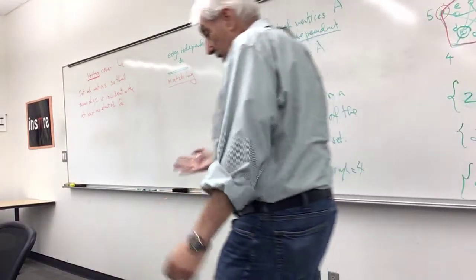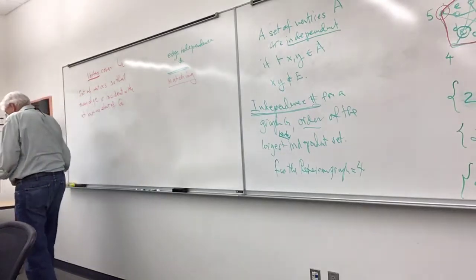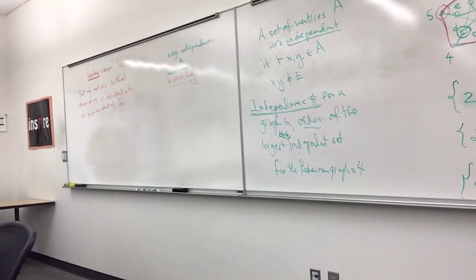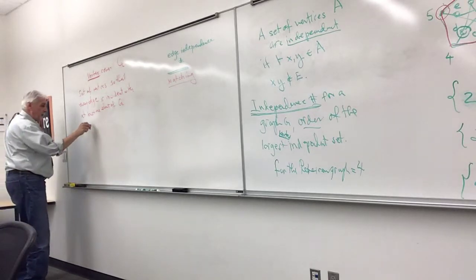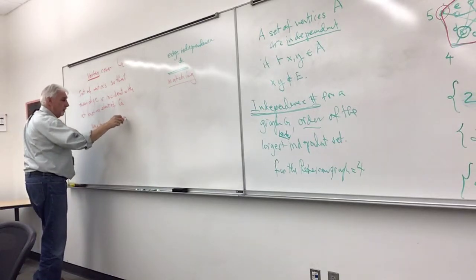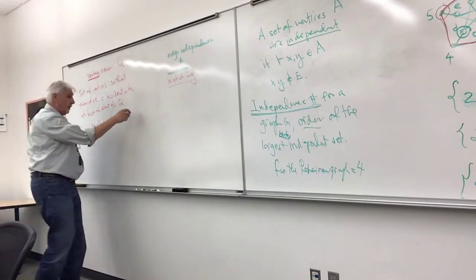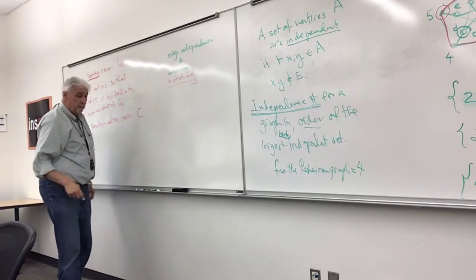In fact, it's incident with two, but one is certainly less than or equal to 2. I want the smallest vertex cover. Can you find a smaller vertex cover? Every edge is incident with one of the vertices in this cover, let's say the smallest vertex cover, C.